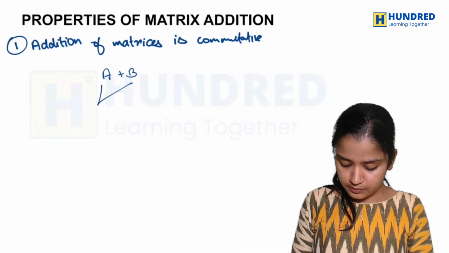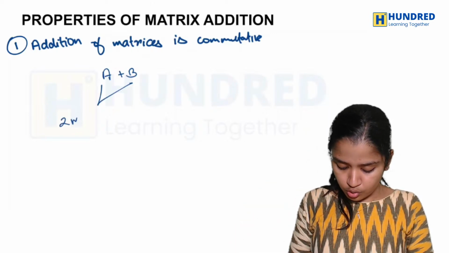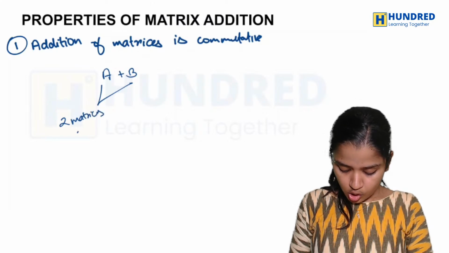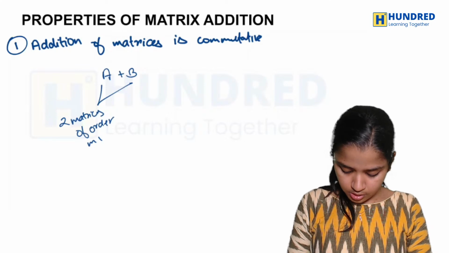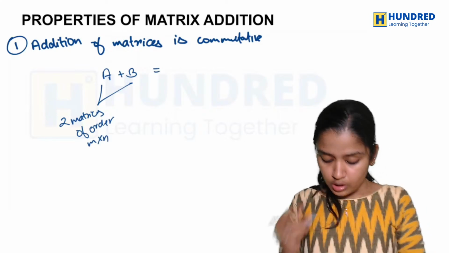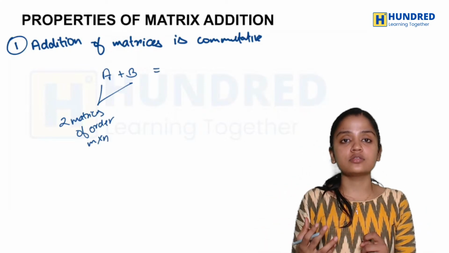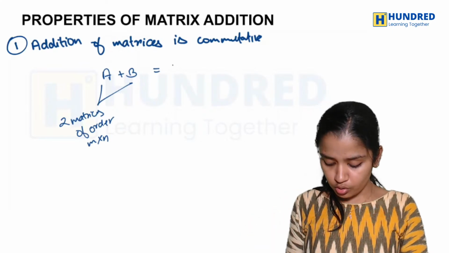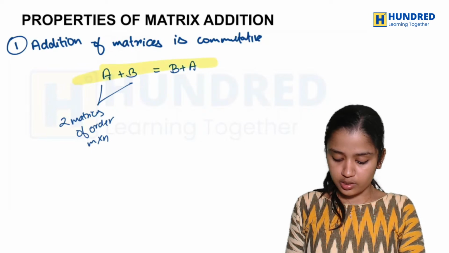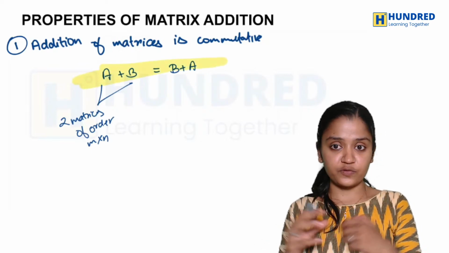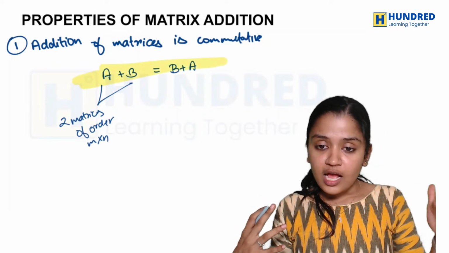So these are two matrices of order M cross N. So A plus B is equal to B plus A. So this is what will be your final answer, which means it is commutative.